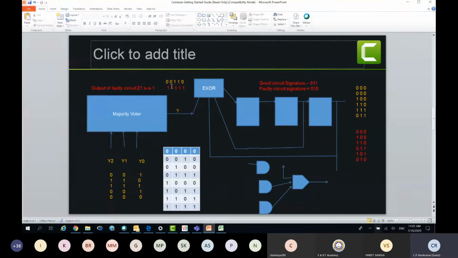See, the outputs are 5 bits in this example because I decided to clock it for 5 clock cycles, but the signature is only 3 bits. Take another example where the output is, let us say, 100 bits, because I decided to clock it for 100 clock cycles. Even then the signature is going to be only 3 bits.